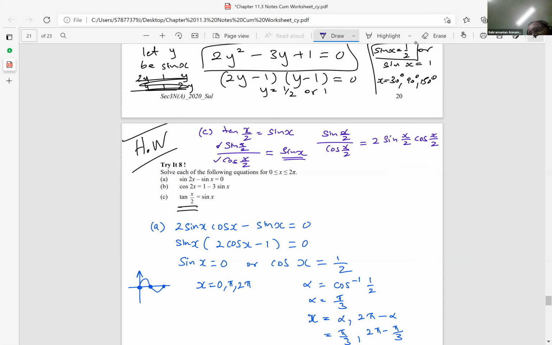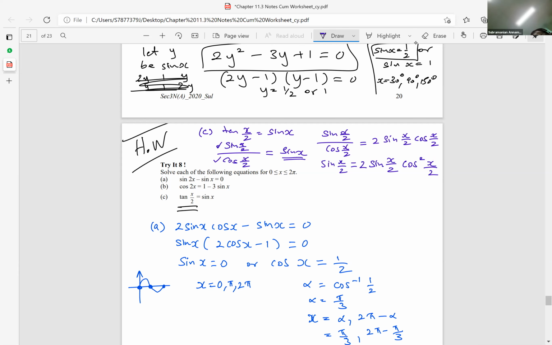So what I can do is I can cancel this and this off. I don't know whether you can, but let's not cancel. We just bring it over first. Because if you cancel, then you miss out one important factor. So I bring the cosine x over.